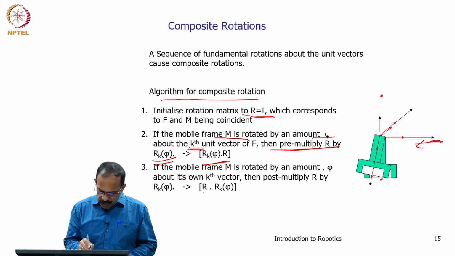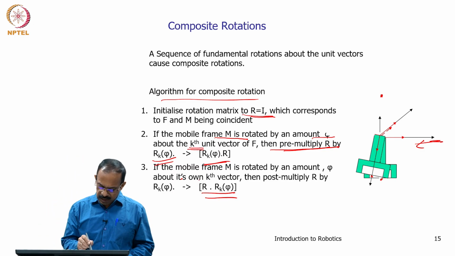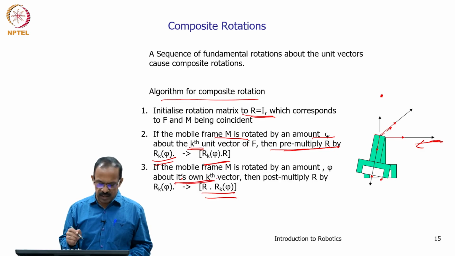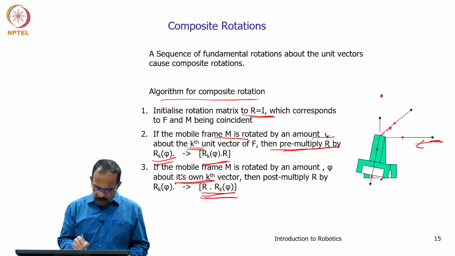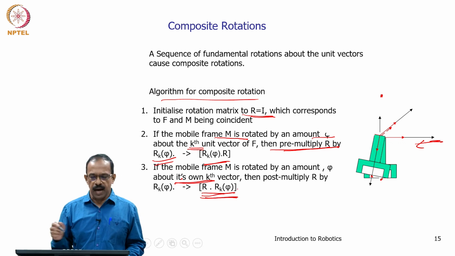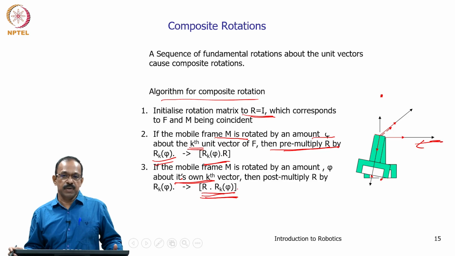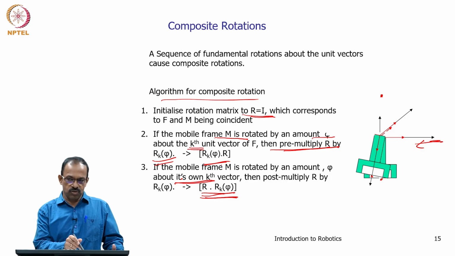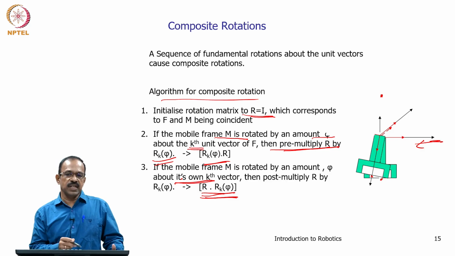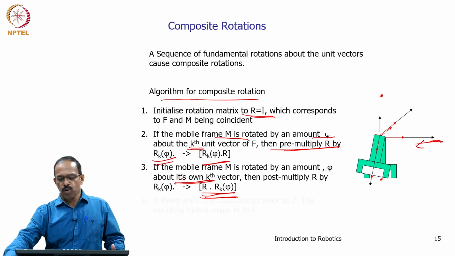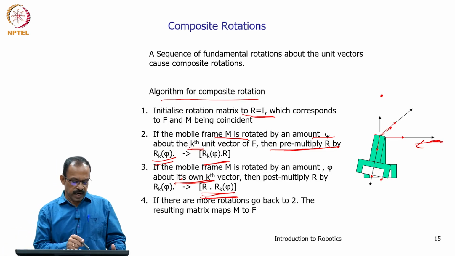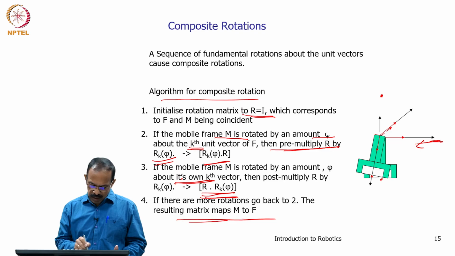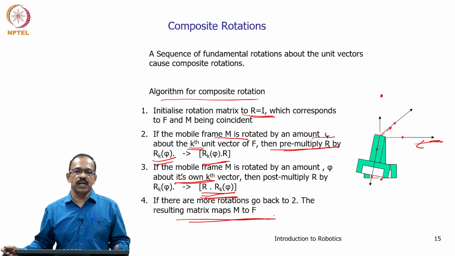So, if the rotation is with respect to the kth vector of its own frame, then you do a post multiplication, so R is multiplied with RK. The post multiplication and pre multiplication make a difference, and therefore the rotation can be represented using either post or pre multiplication. This is the algorithm that we need to use, and if you have more rotations, keep on doing this till you complete all the rotations.